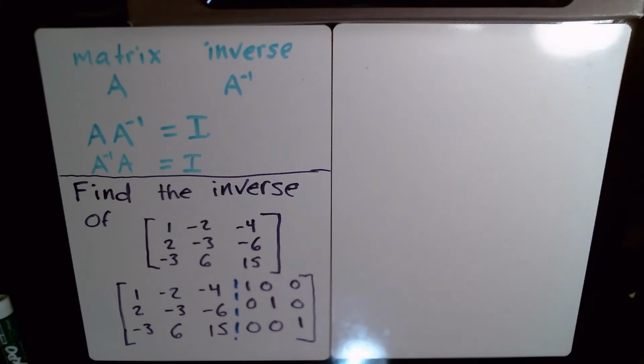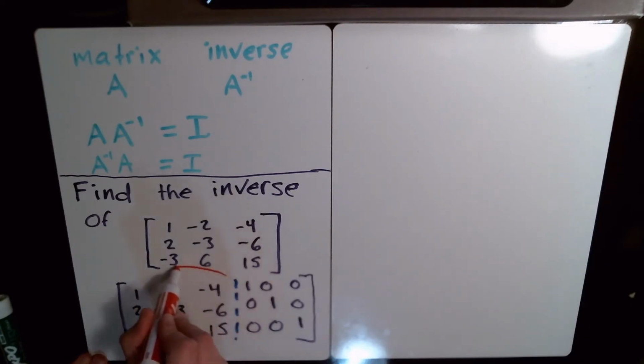Okay, and then what you're going to do is you're going to do row reductions on this. So if you remember doing row reduction when we were solving systems of equations before, you're going to do that same process.